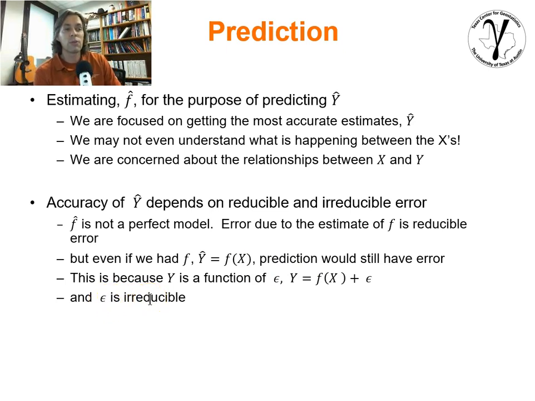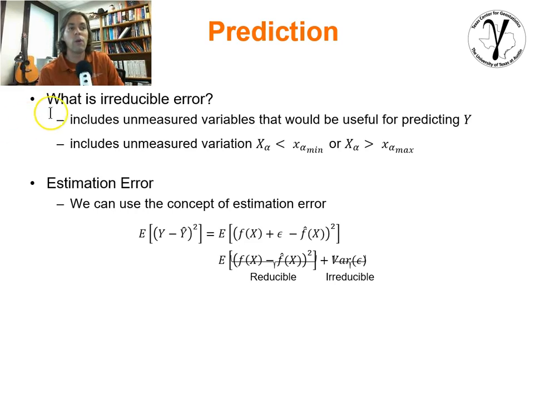So we have error that's reducible, and that's error related to our estimate of the function. We could have the world expert come in and probably help us handle that. But the other part is irreducible. What is irreducible error? It's due to the fact that there are unmeasured variables. Maybe when it comes to predicting y, we didn't measure every one of the variables that would help us out.